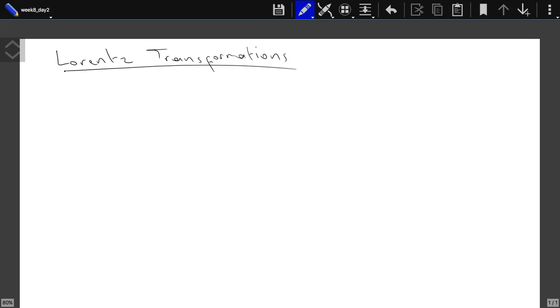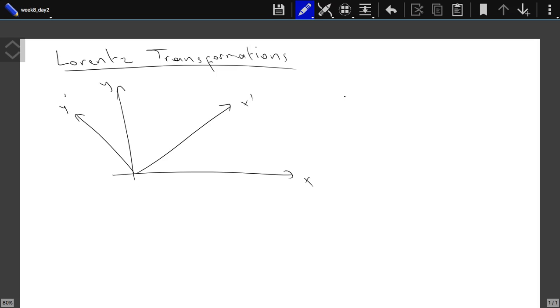Now, the basic idea, the thing that we would like to achieve is this. We have been dealing with reference frames also before, different coordinate axes before. So, for example, we were choosing such a coordinate axis, or if you prefer, you could choose such a coordinate axis, x prime and y prime, and given any vector or any position, the position in one coordinate axis, we could write it as Vx in the x hat direction plus Vy in the y hat direction.